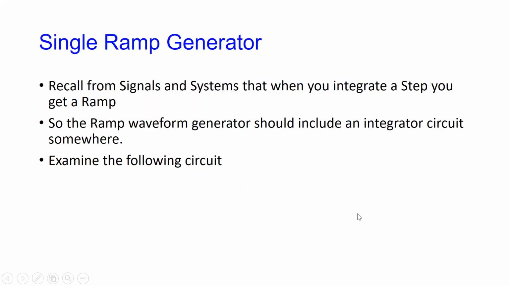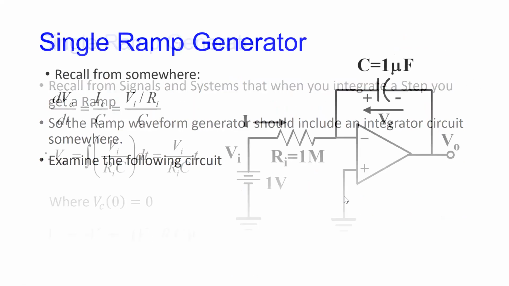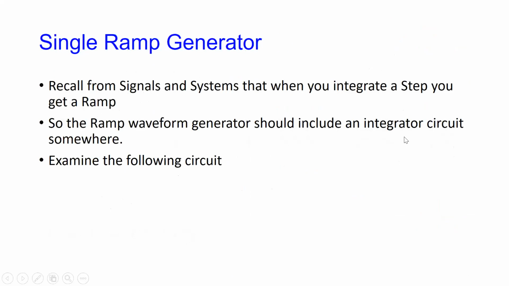All right. And the way to get a ramp to work is to remember something that we discussed elsewhere, which is that if you take a step function and you integrate it, remember what an integral is, right? And we saw this in signals, but an integral of f(x) is really the area under f(x).